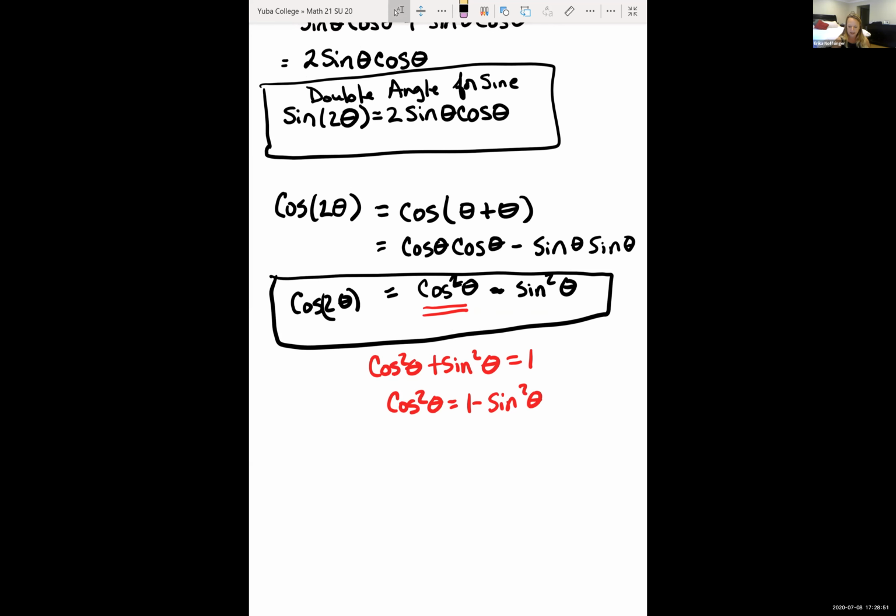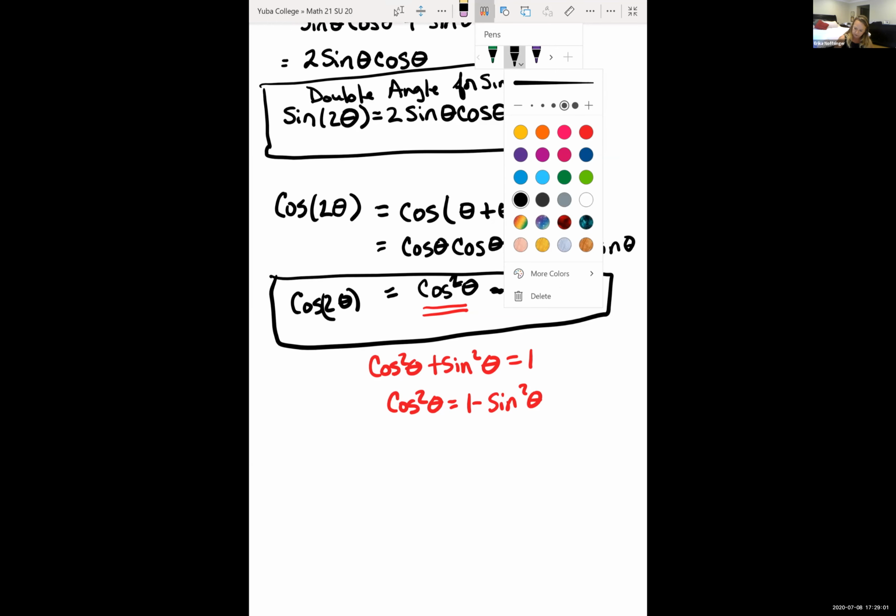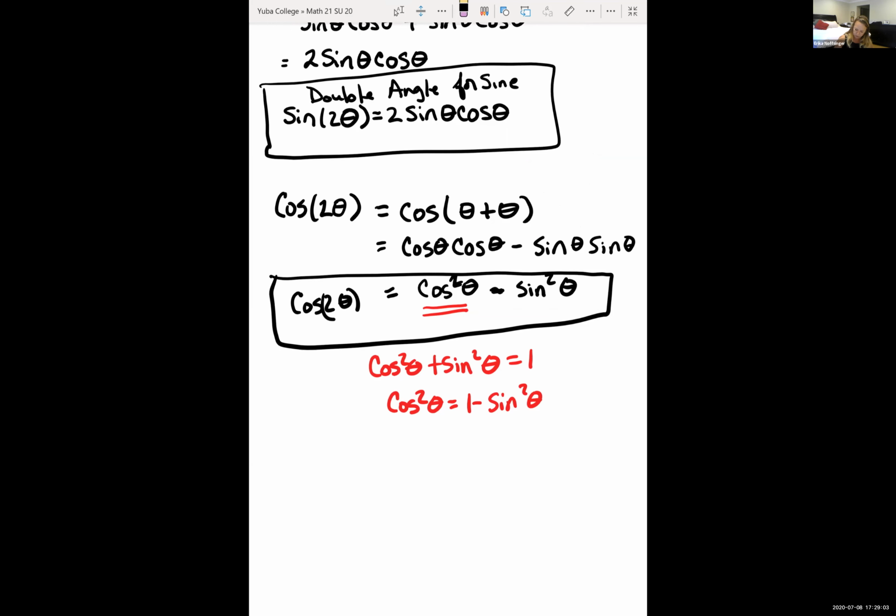So if I replace that, then we get this piece right here, 1 minus sine squared theta, and then right here is minus a sine squared theta.